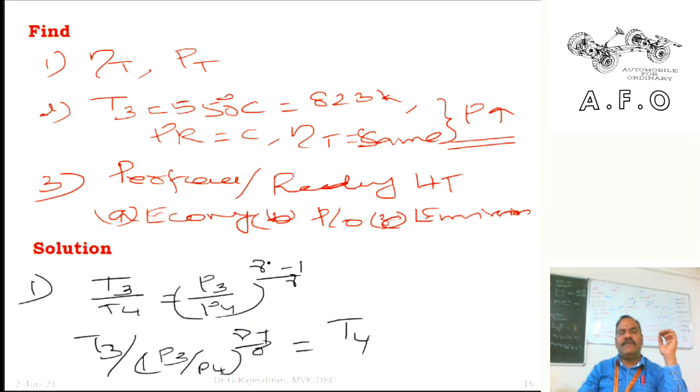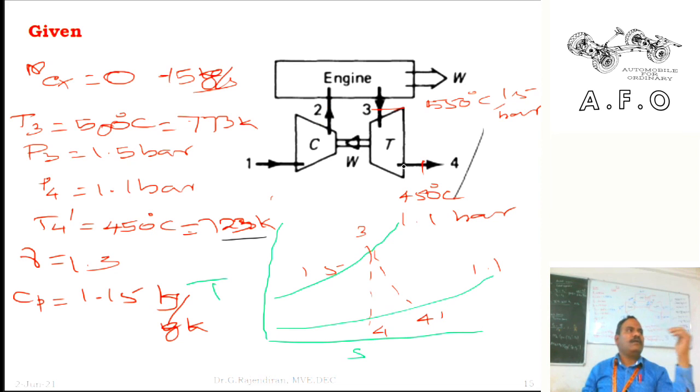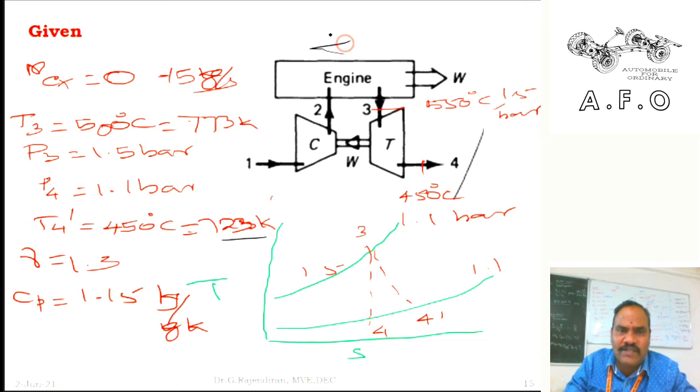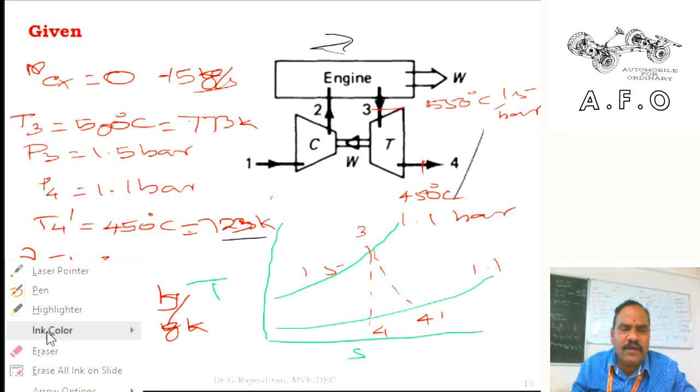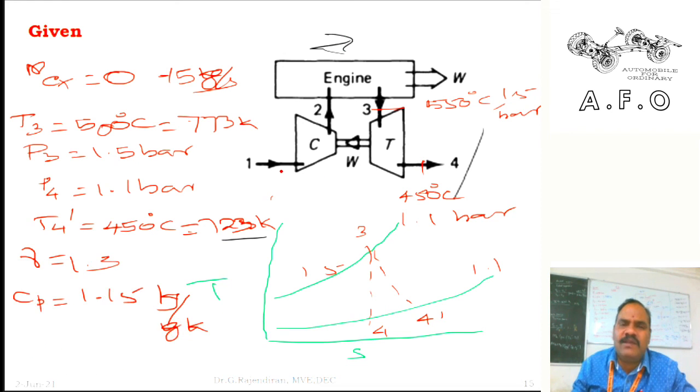First they gave the turbine inlet temperature and turbine exhaust temperature. So we have to find out the efficiency of the turbine and the power output. Then in the engine there is a possibility of heat loss. So what are the possibilities? Heat transfer through the air or cooling water or something.